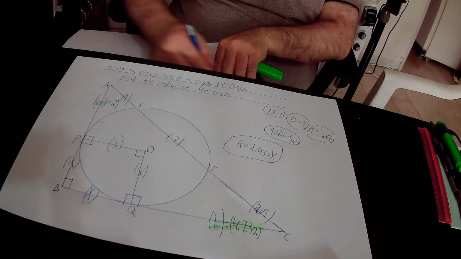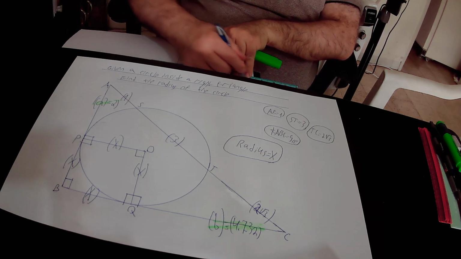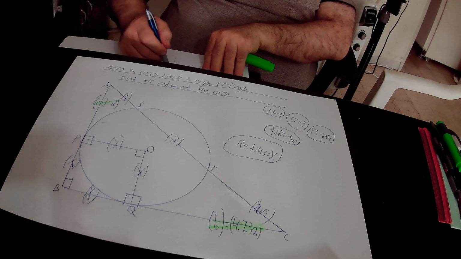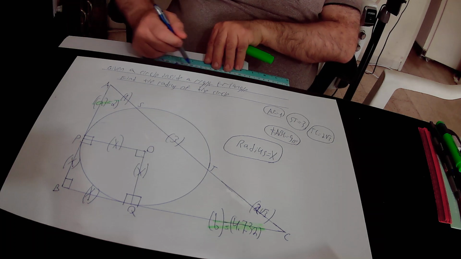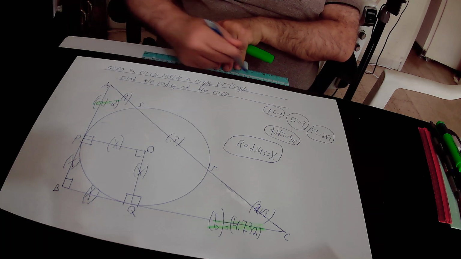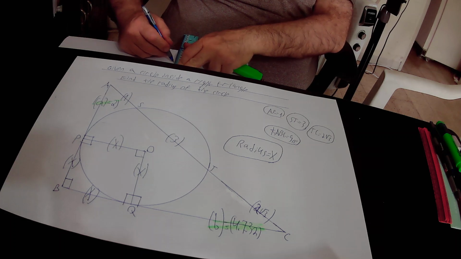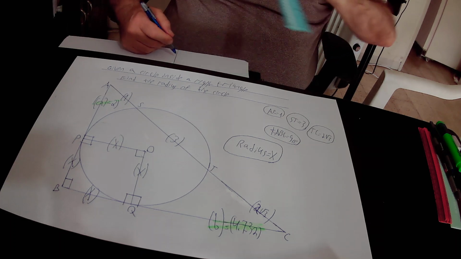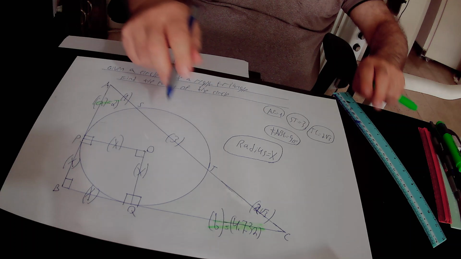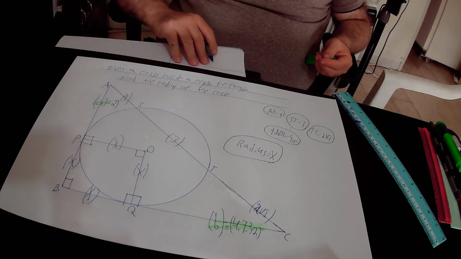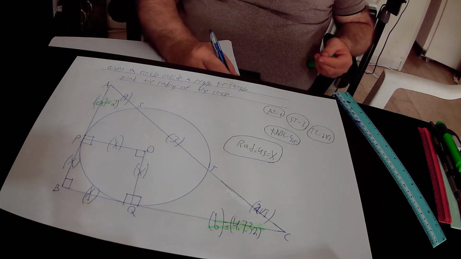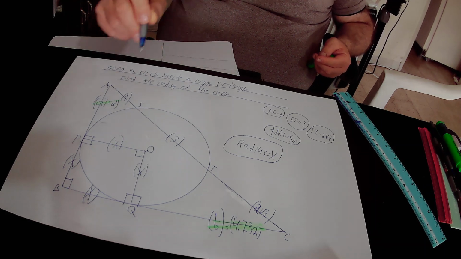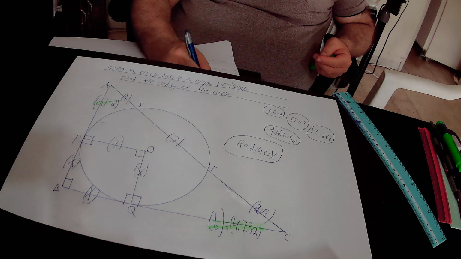According to the Pythagoras theorem, in any right triangle, the square of the hypotenuse equals the sum of the squares of the perpendiculars. The hypotenuse in this big right triangle ABC is AC, therefore the square of the hypotenuse is AC square, and it must be equal to AB square plus BC square.